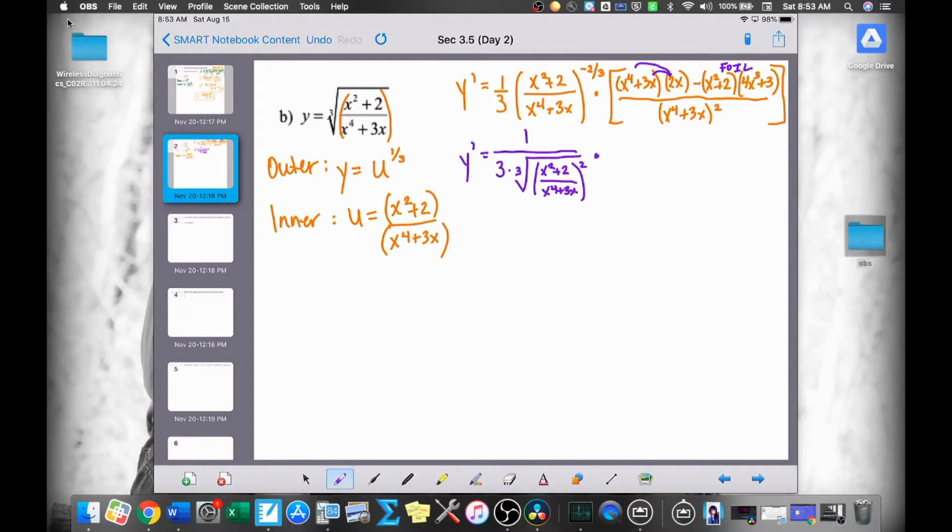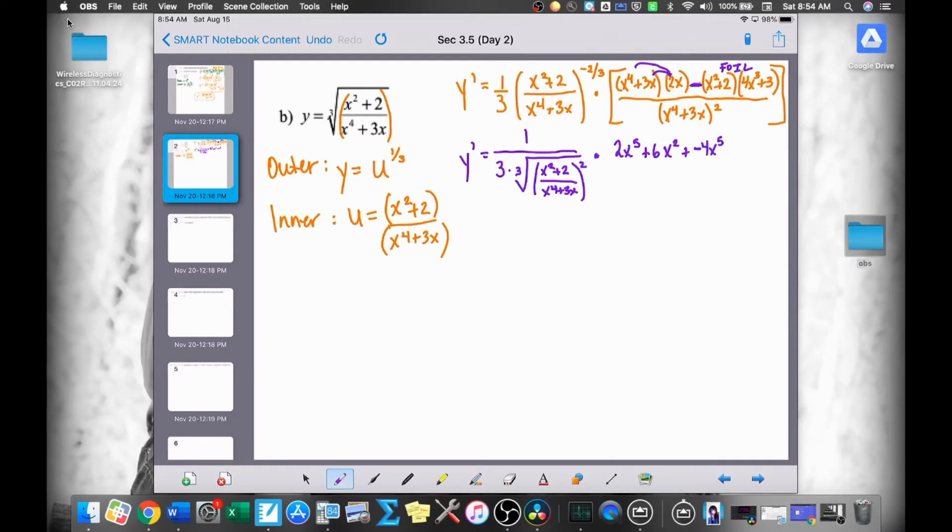So let's start with distributive property. 2x times x to the 4th, that is going to be 2x to the 5th. And then 2x times 3x is going to be 6x squared. Next, I have to FOIL those two binomials and I have to distribute this negative sign to each term. So all 4 terms that I get from the FOILing are going to be negative because of that negative sign. So 4x cubed times x squared is going to give me negative 4x to the 5th.